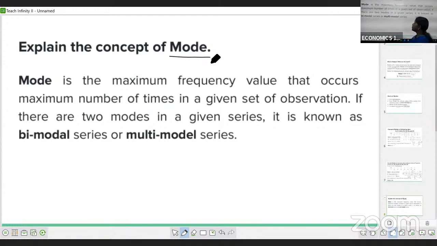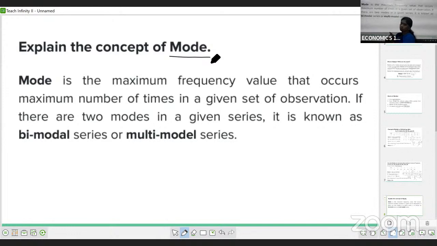So the mode is the maximum frequency value that occurs the maximum number of times in a given set of observations.